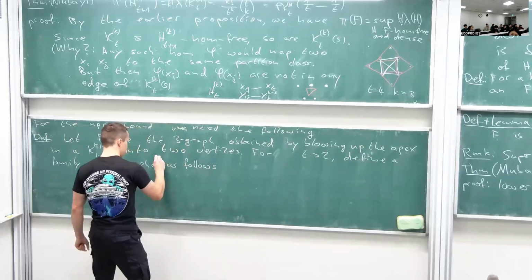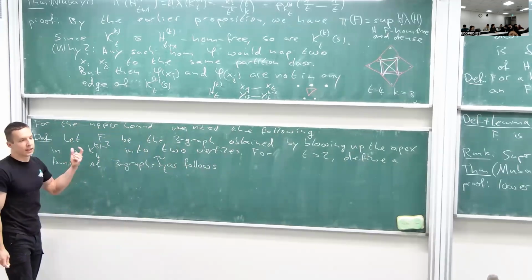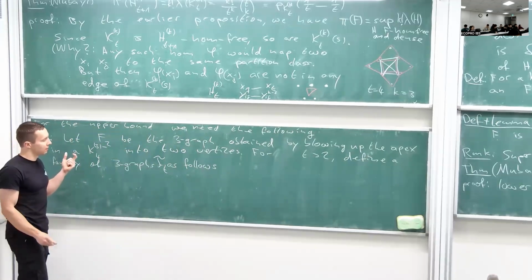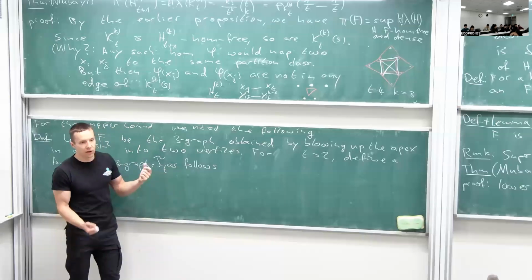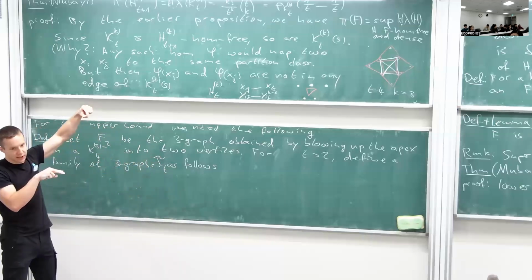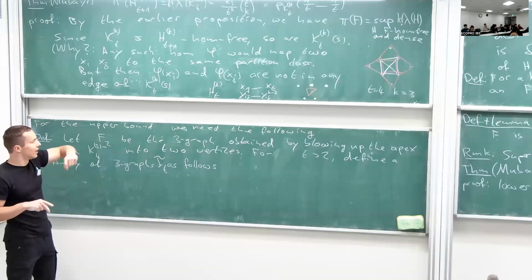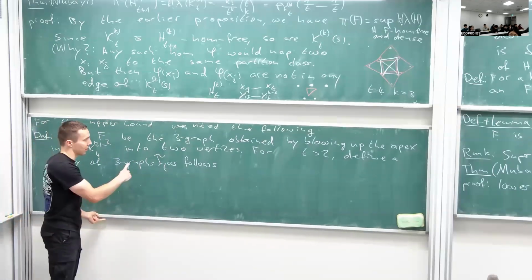So Ft: we take an element of Ft minus 1, we add two vertices, and then any t edges from these two vertices to the vertices of the previous member.